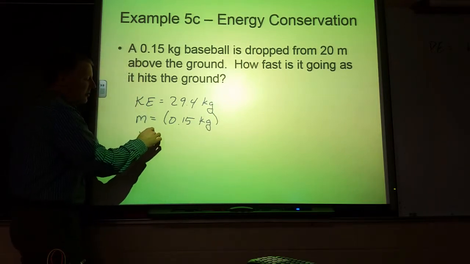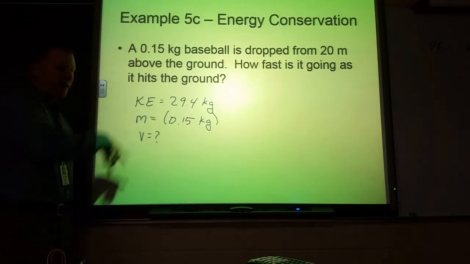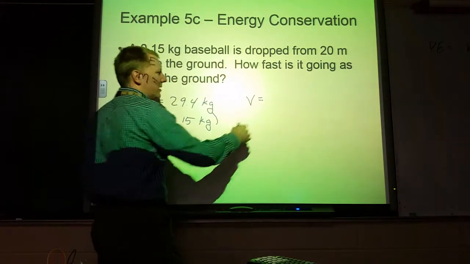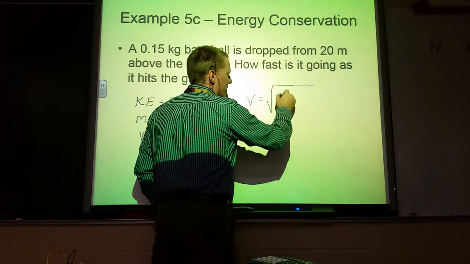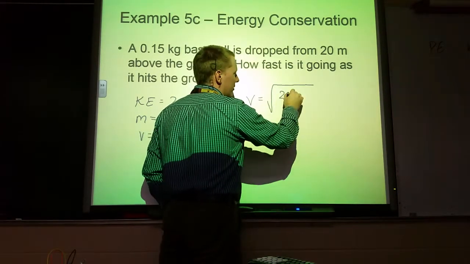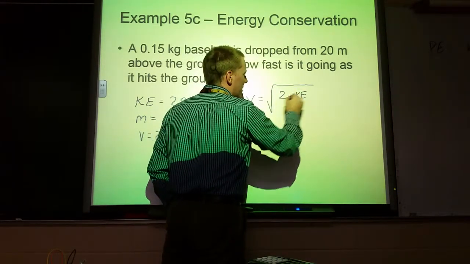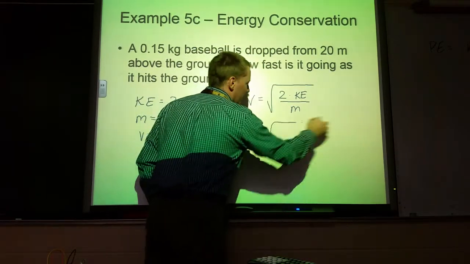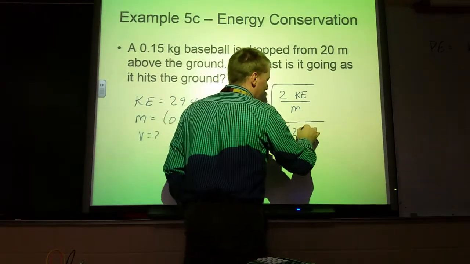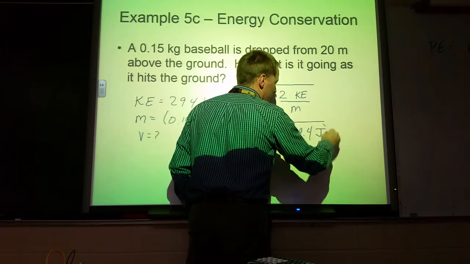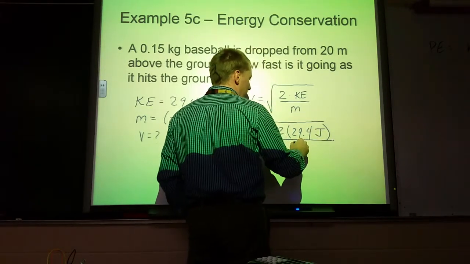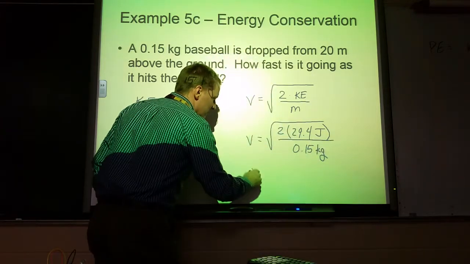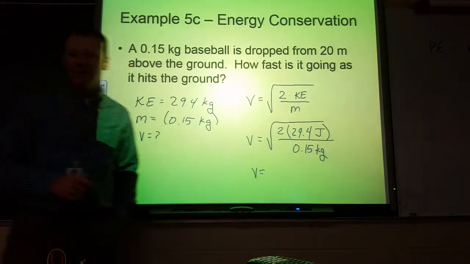And we want to know the speed. So we already went through and solved for speed, and we found that if we rearrange the kinetic energy formula, it should be equal to the square root of 2 times the kinetic energy over the mass. So we can plug in values for that. 2 times our 29.4 joules over our mass of 0.15 kilograms. And then take the square root of that.